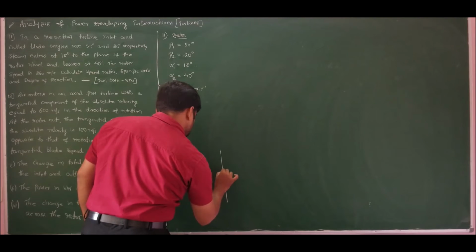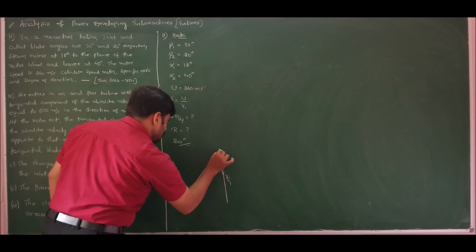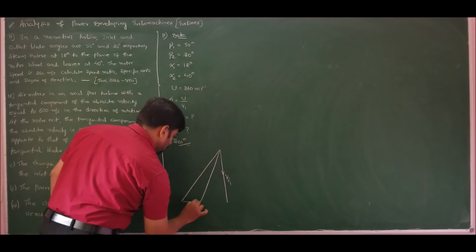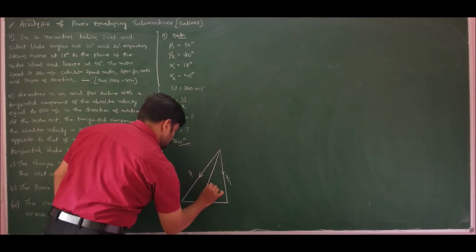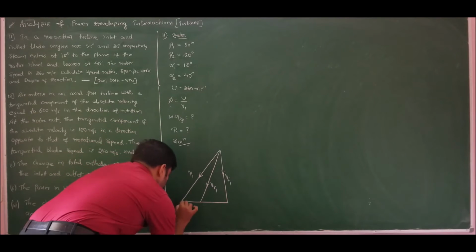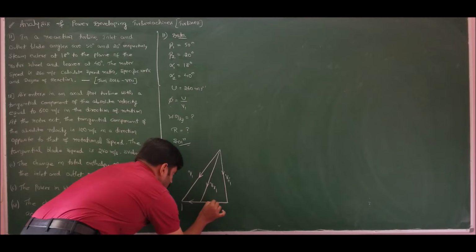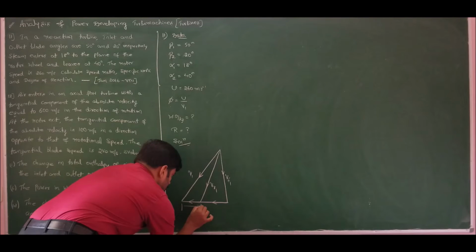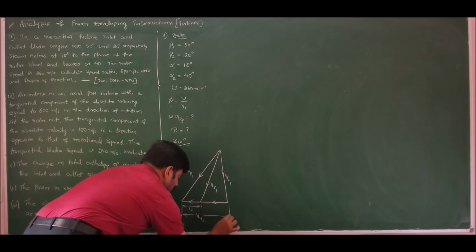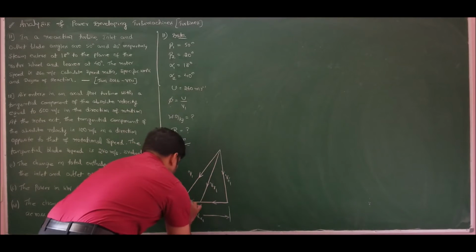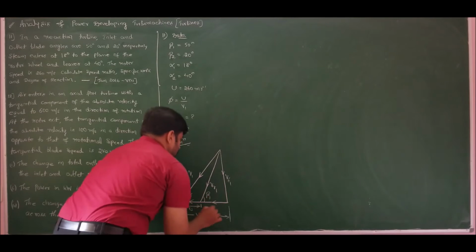We have V1, VR1, and absolute is the reference. Absolute to relative is U, and absolute to flow is VU1 at inlet. The angle made by V1 is alpha 1, and the angle made by VR1 is beta 1.